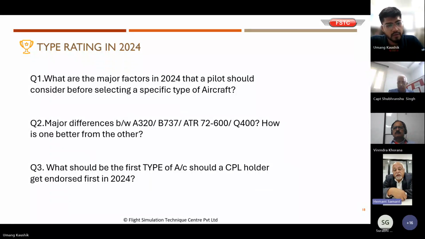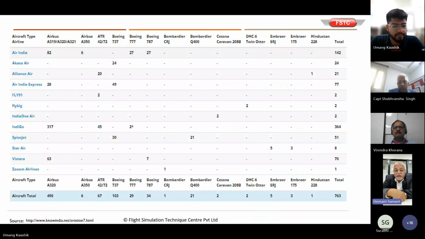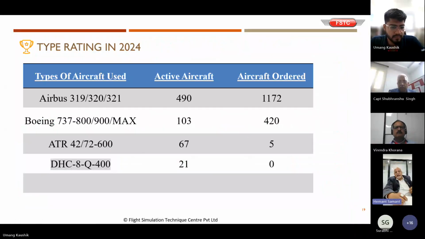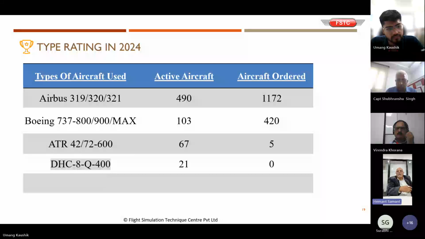So it's quite simple. You have the chart shown to them, how many aircraft are there of which type in the country, and how many aircraft of which type are on order. Airbus weighs excessively highly over others. And as such, Airbus training would be the natural option.